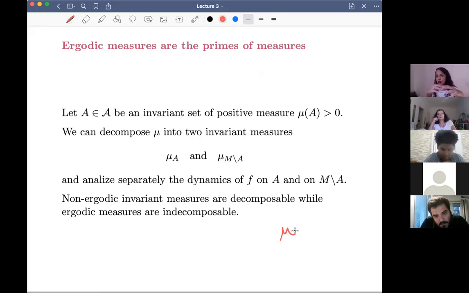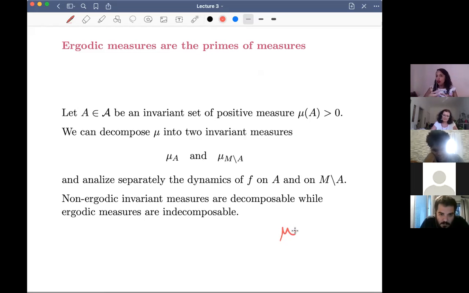It's not always going to be finite, but you can always decompose any invariant measure into ergodic measures. So in this sense, the ergodic measures are really the blocks that build the whole set of invariant measures.